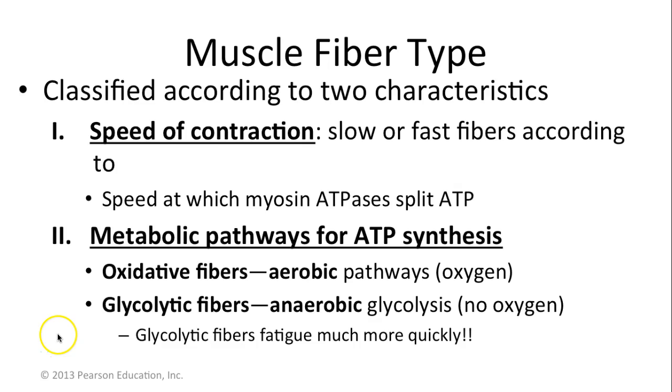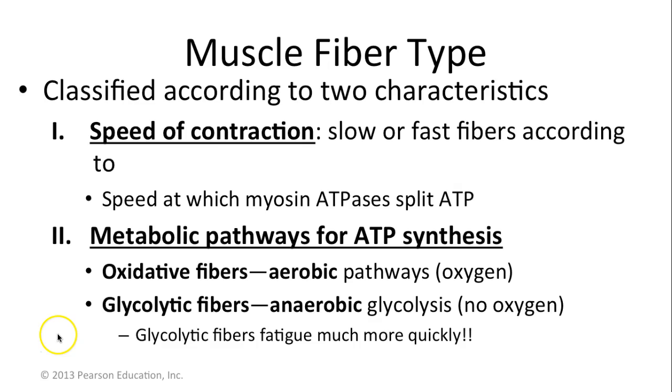You're required to have a lot of myoglobin, which will contain your oxygen source, and a lot of mitochondria, because that's where aerobic cellular respiration takes place. So the more mitochondria, the greater the blood supply, the more myoglobin you have, that's going to give you greater endurance, even though you may be sacrificing speed, not having as many of those ATPases.